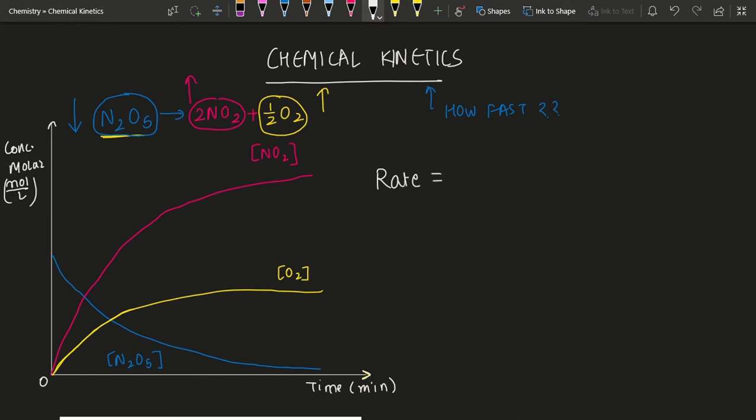Now I introduce a term, rate. What rate means is the change in the concentration over time. You can just remember it like that: change in concentration over change in time.